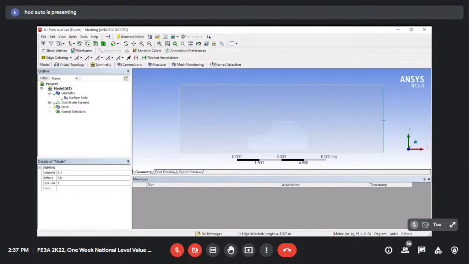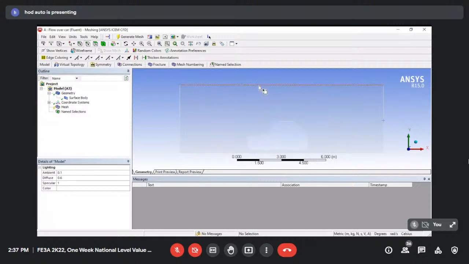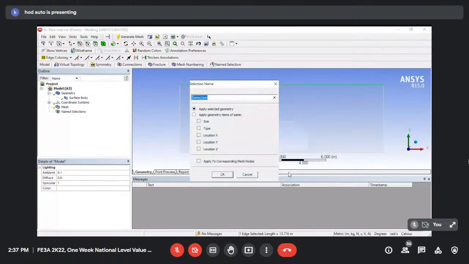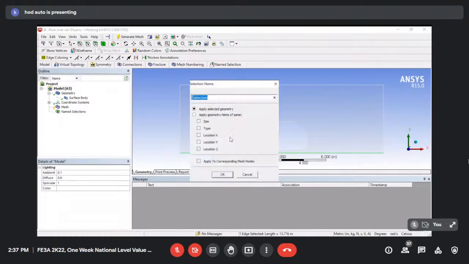So this has to be exit, wind tunnel exit. Now, in fact, this is the top portion of your wind tunnel, so I can call it ceiling, and this is your ground.